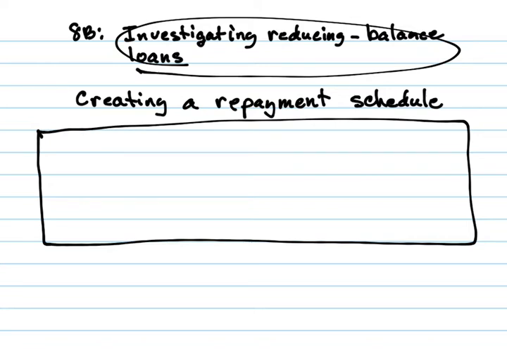It was just a printout of how much you were going to pay per month, how many payments you were going to make, how much interest was being charged for that particular compounding period, and what that left your balance to be, right? So we're going to create those.